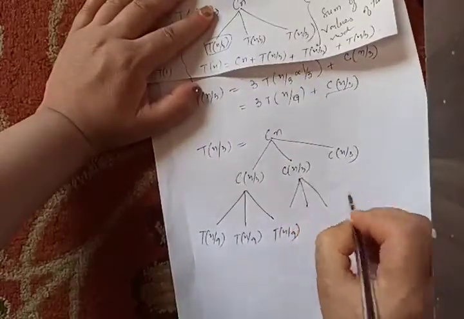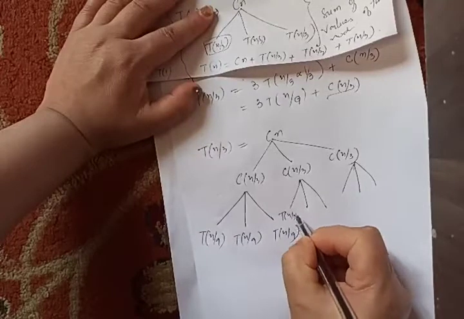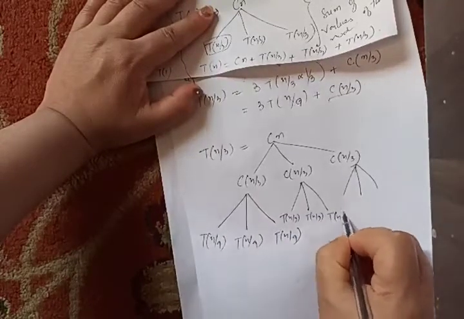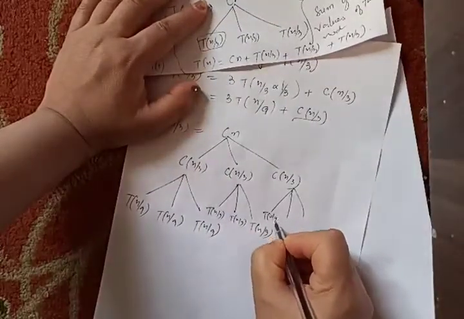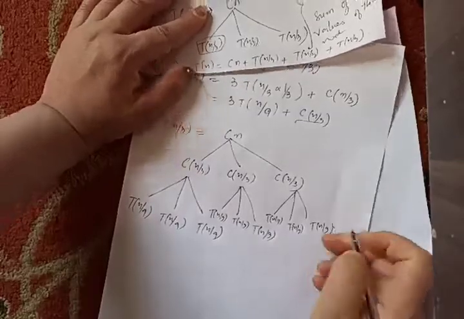Similarly 3 over here, 3 over here, each of size n/9, and similarly over here, T(n/9) three times.